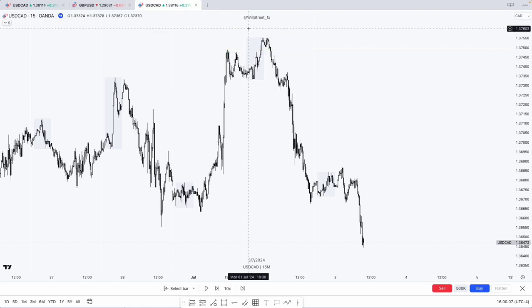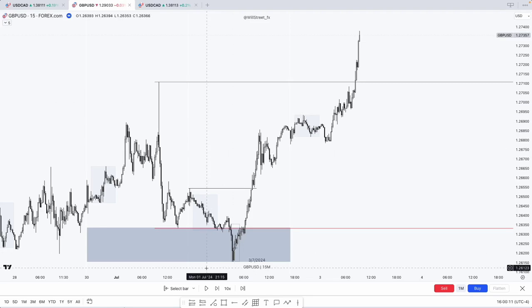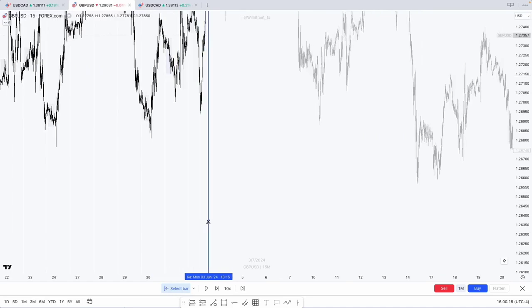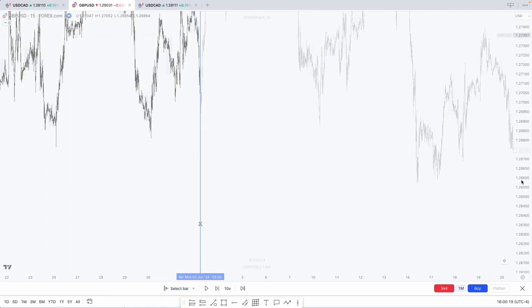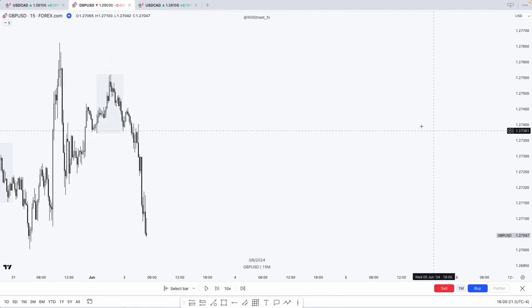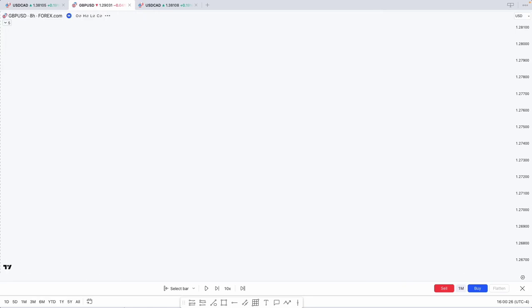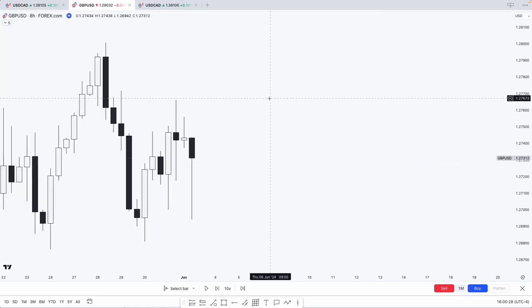So next example on GBP on 3rd of June here. So what do we see here? Maybe in 8 hours. Look at this.